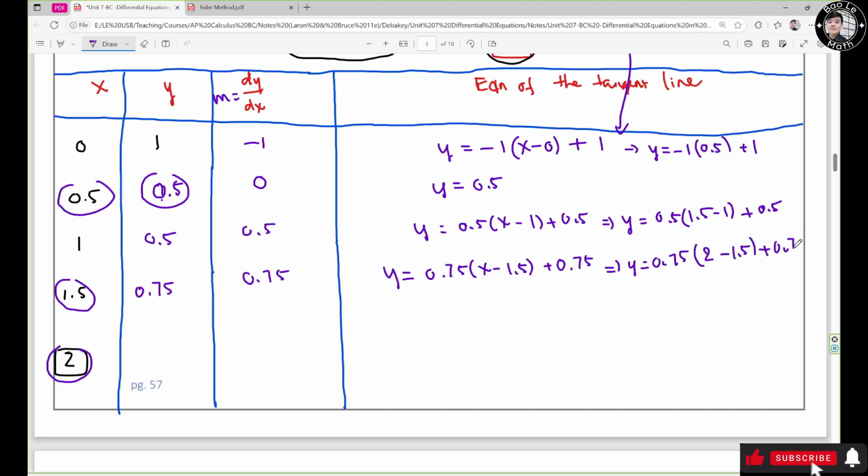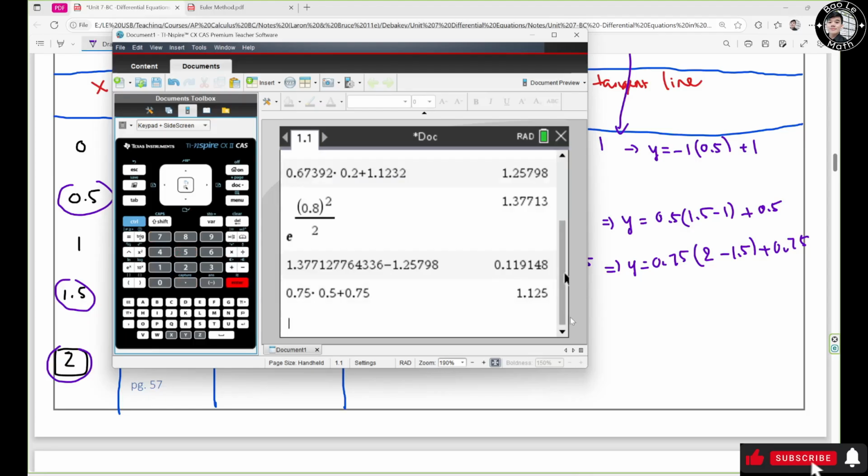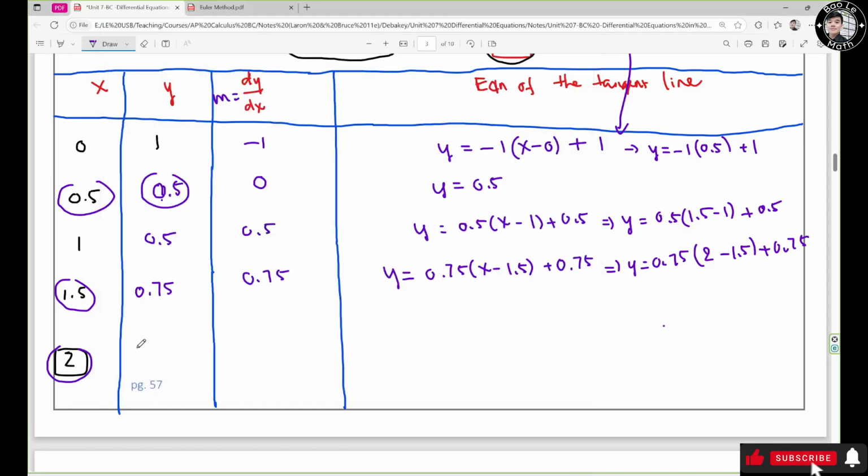Plus 0.75, right? So I have 0.75 times 2 minus 1.5, which means 0.5, right? Plus 0.75. Hit enter. The answer is 1.125. And this one is the final answer.